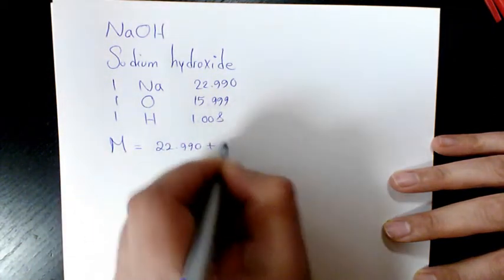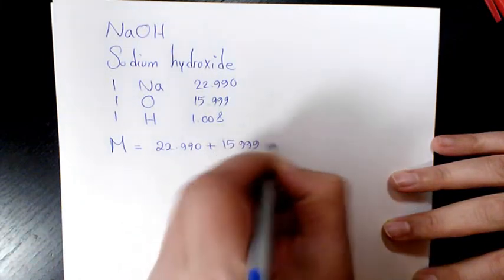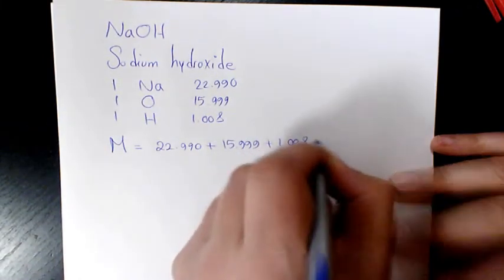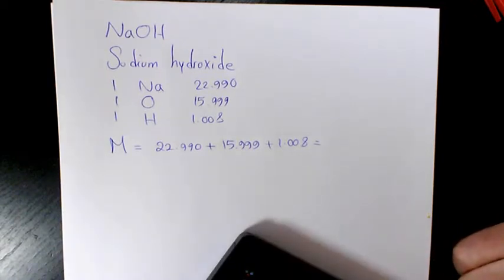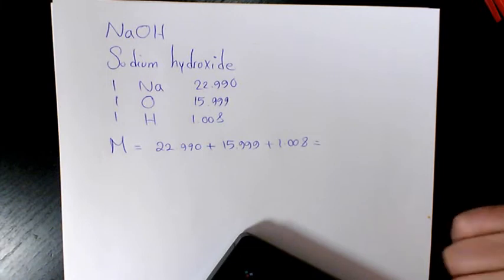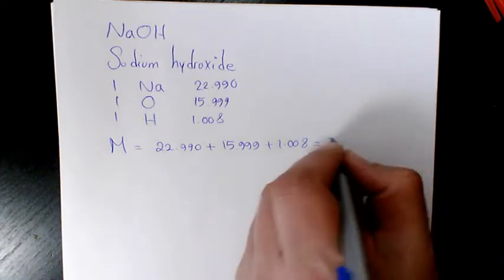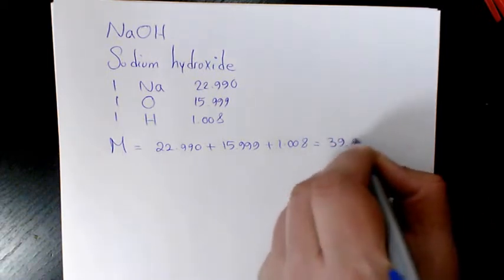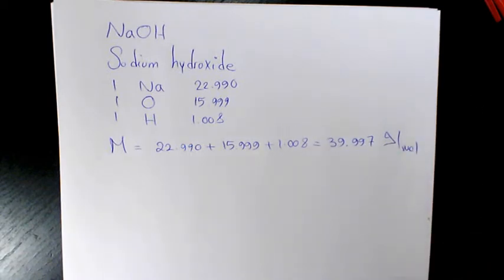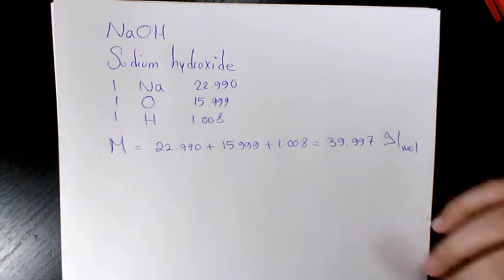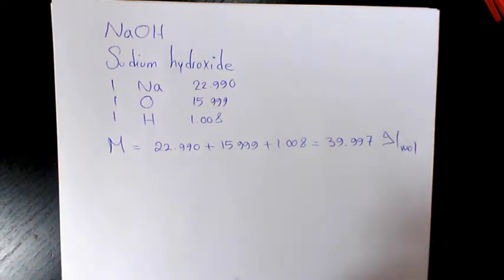We have 1 atom from each. So we have 22.990 plus 15.999 plus 1.008. Here it's going to be 39.997 grams per mole. It means that 1 mole of sodium hydroxide is equivalent to almost 40 grams.